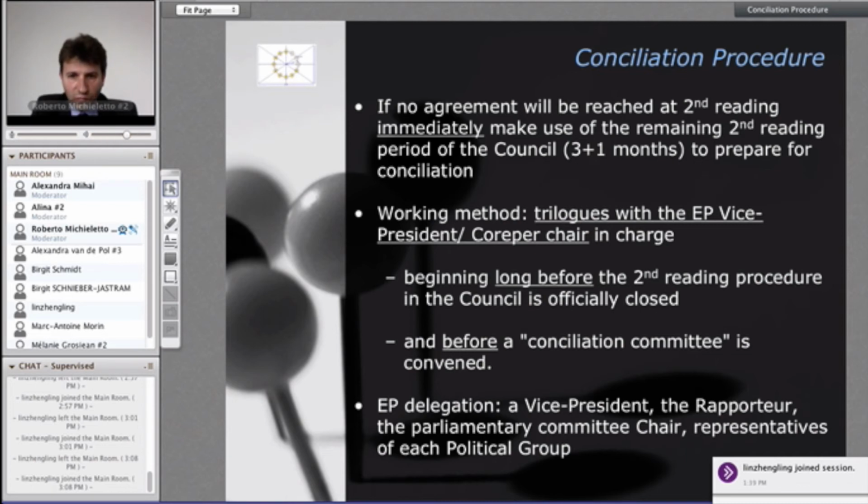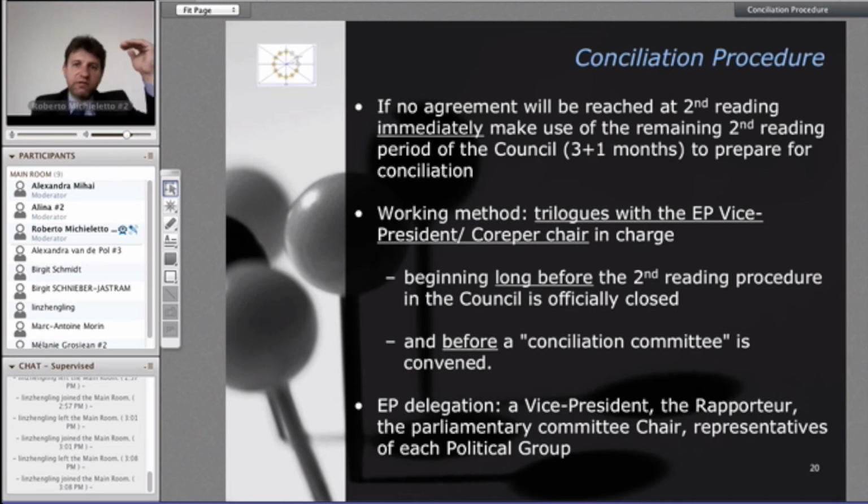So there is always a working method. We have trilogues, but now with the EP Vice President and the Coreper Chair. So we go up one level. Instead of the usual people, we now have the Coreper Chair and the EP Vice President.